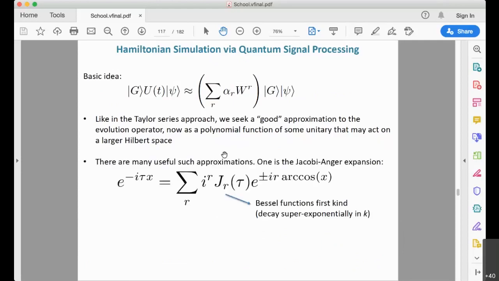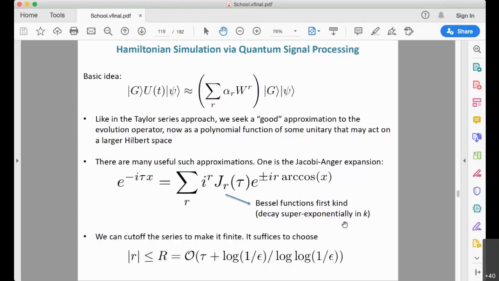So in particular, and these ideas have been used even before this work, there is a so-called Jacobi-Anger expansion that approximates the exponential of some real x that is bounded by 1 by a linear combination where the coefficients depend on the Bessel functions of the first kind, times an exponential of this form. This is called the Jacobi-Anger expansion.